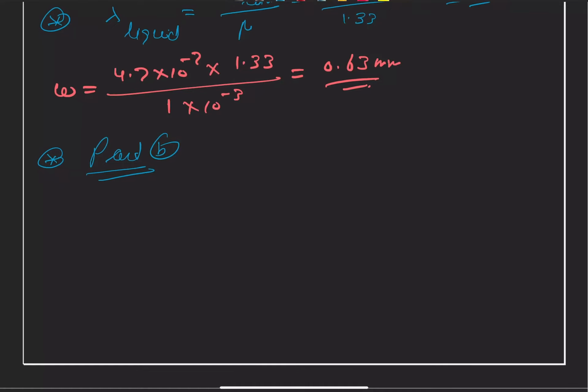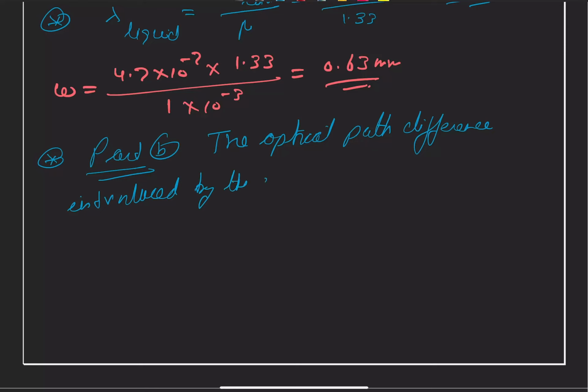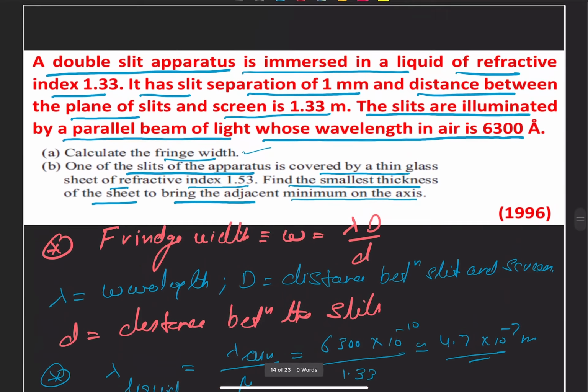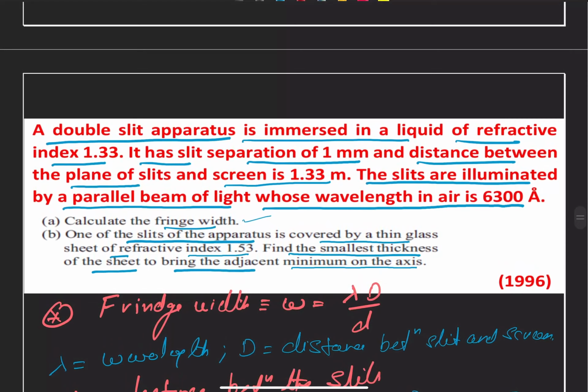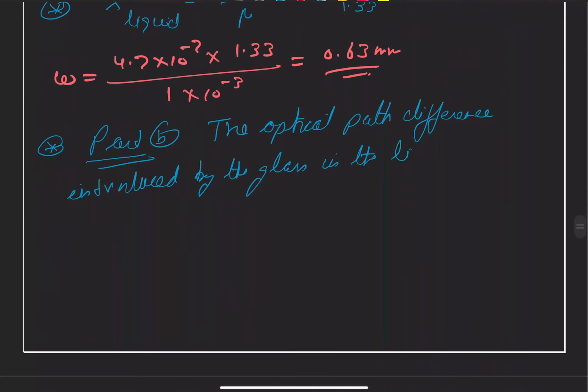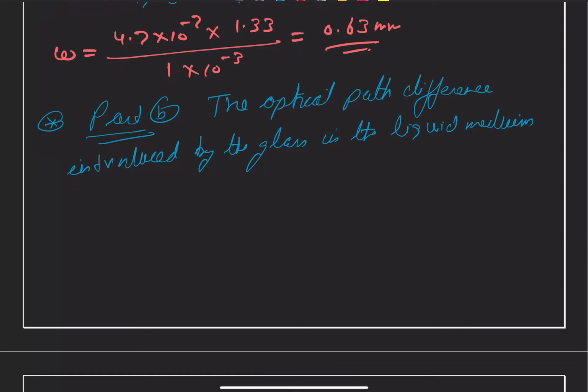So we can say that the optical path difference introduced by the glass in the liquid medium is represented as delta x.